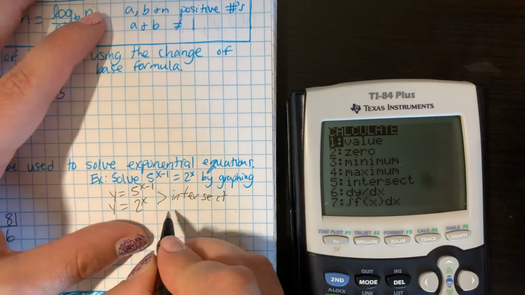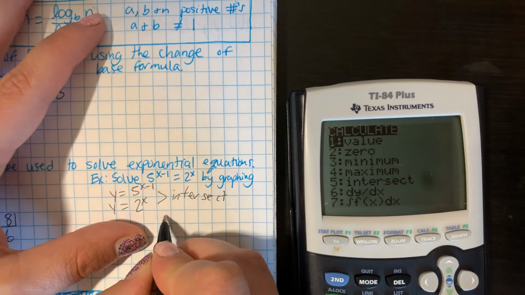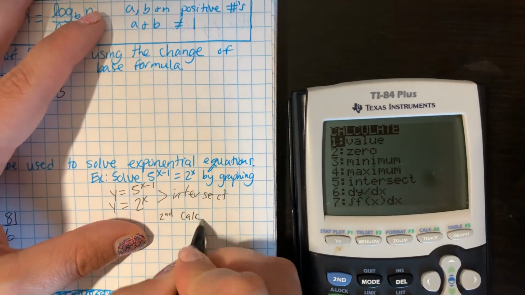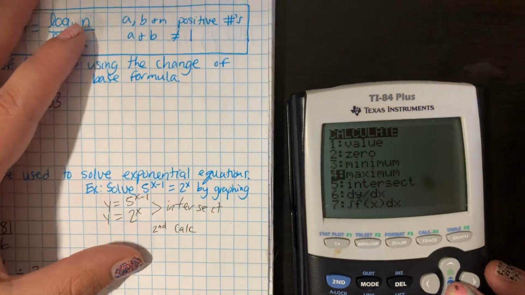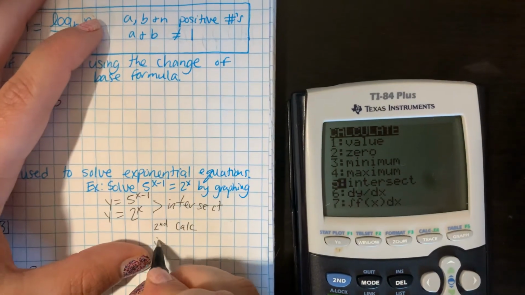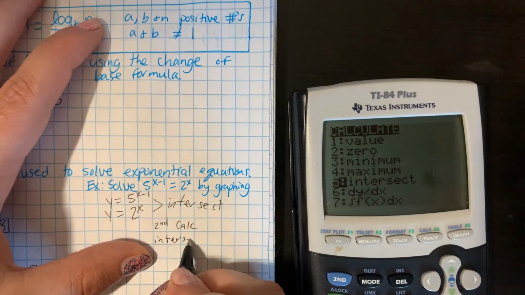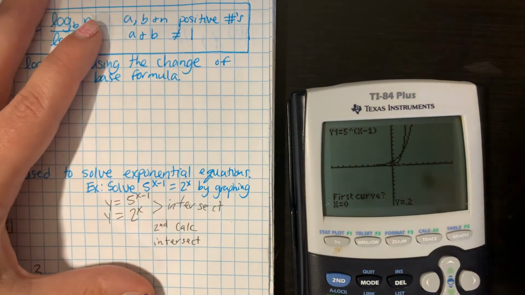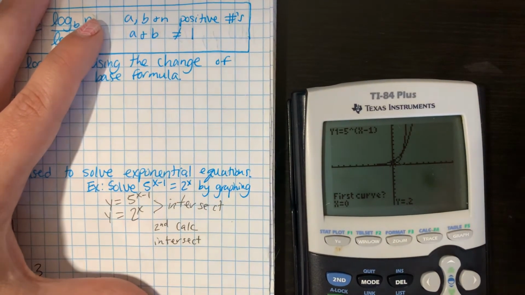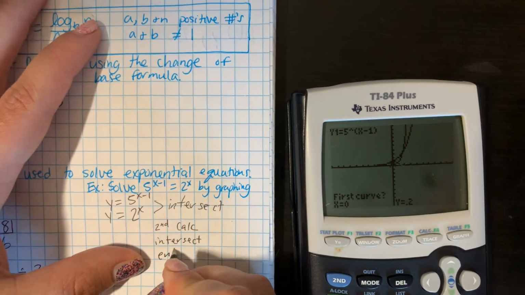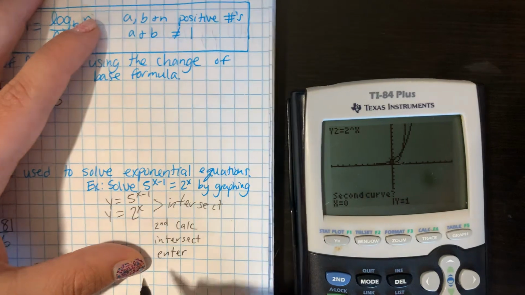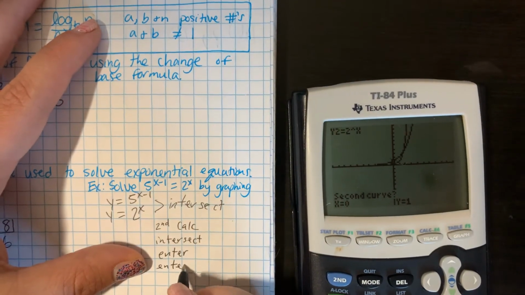To find the intersection, you push second calc, you go down to intersect. It'll ask, is this the first curve? Then you push enter, make sure it's on the first curve. Is this the second curve? So did I move to the second curve? Probably did.